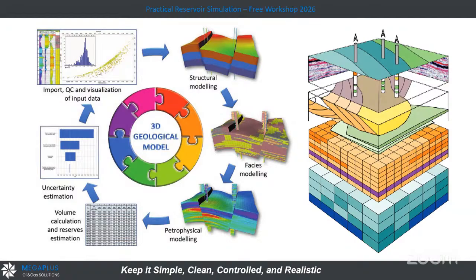So the structure model uncertainty comes from it, but doing the fault system using pillar gridding from the structure framework, it must be done in the right way so we don't have errors later on in the dynamic.